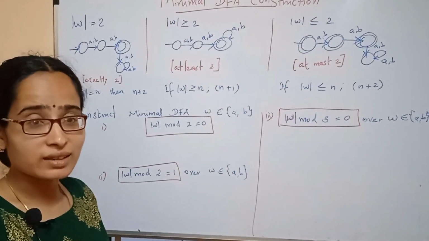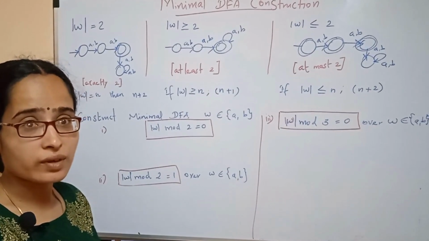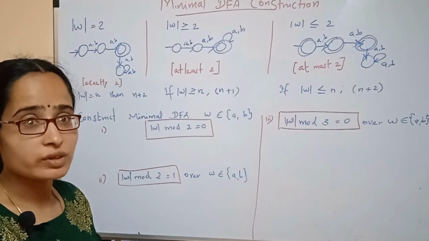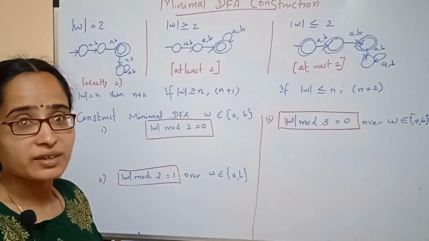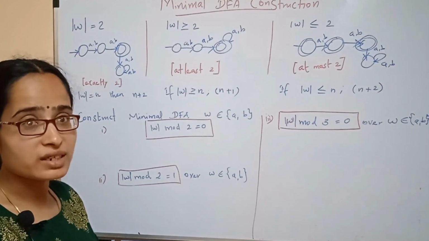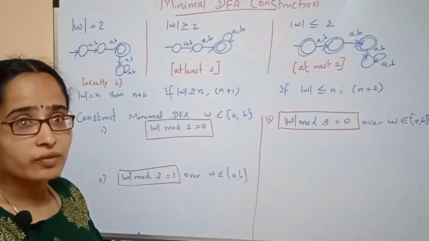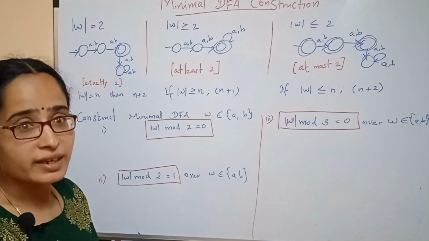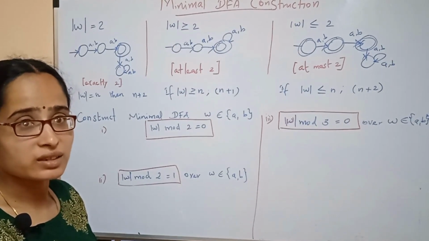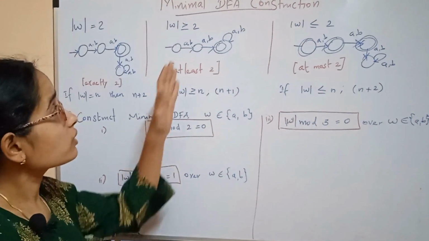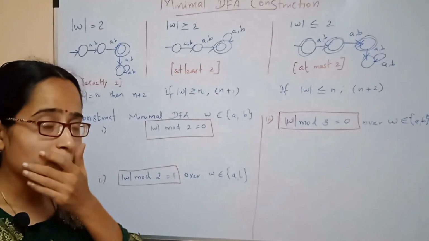Everyone. Today in the theory of computation lecture series, we'll see what a minimal DFA is and how to construct the minimal DFA for a given problem statement, or even for a given DFA you have to minimize that DFA. So what is meant by minimal DFA?